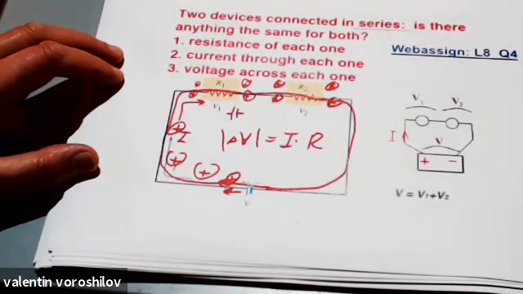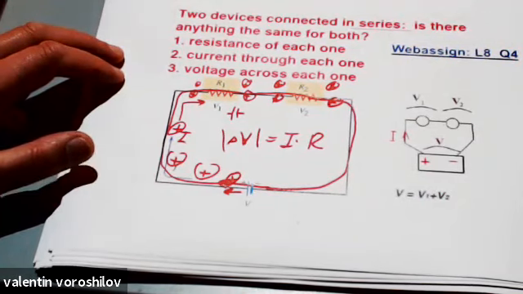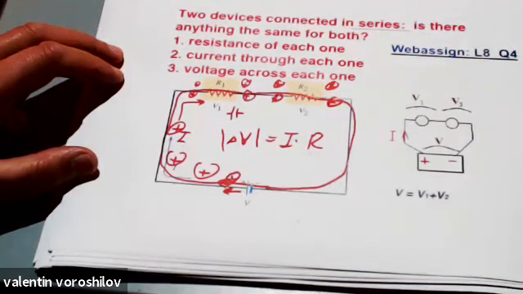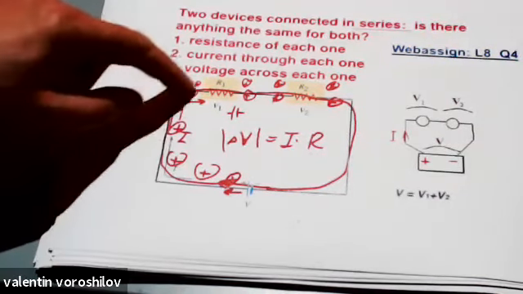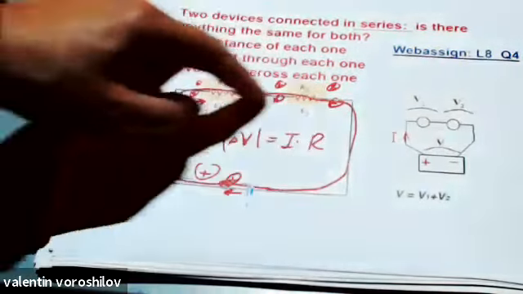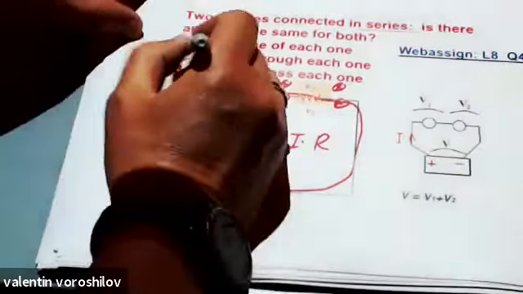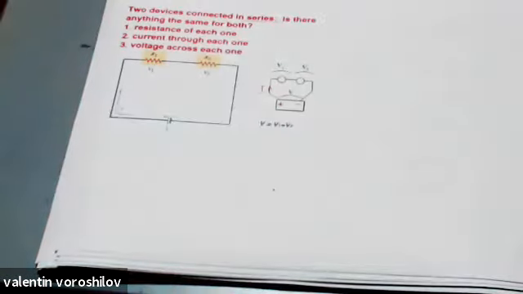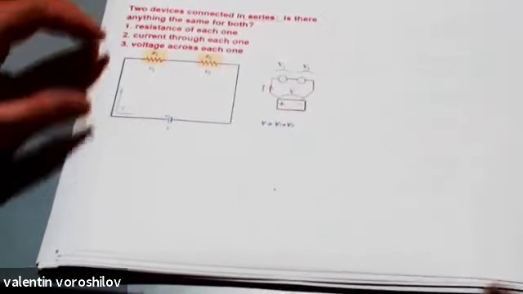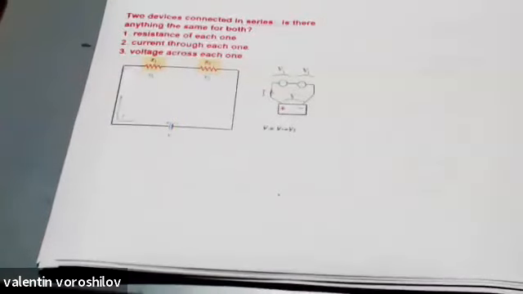And basically, electric current is like a charge flow rate. That's what it is. And the charge flow rate, of course, here should be the same for both. In this situation, the electric current has to be the same. Well, what does it mean? How can we use it?